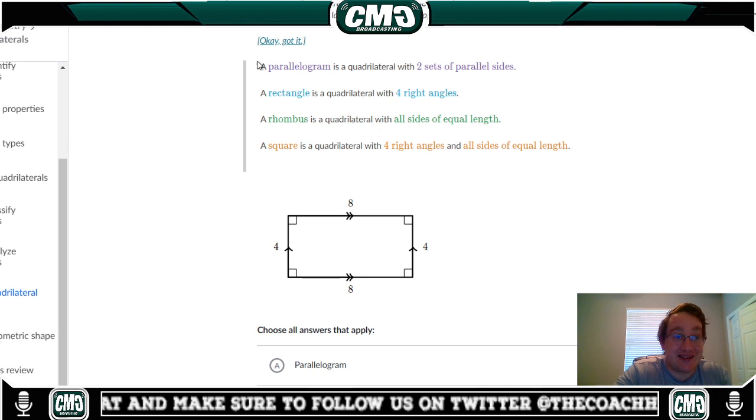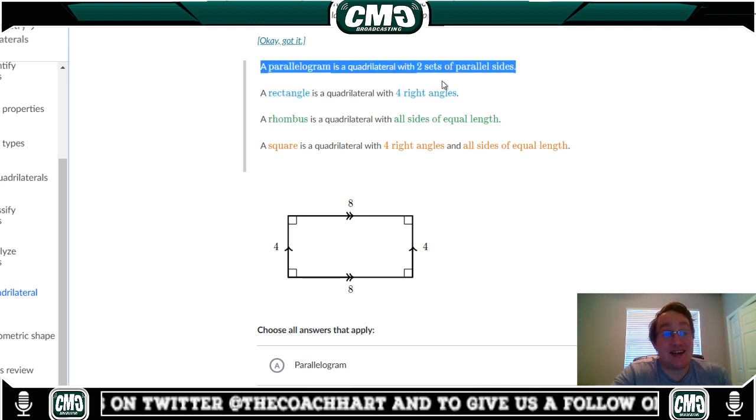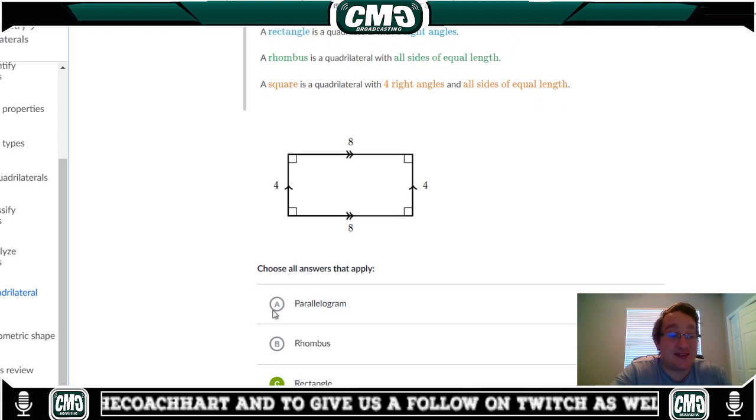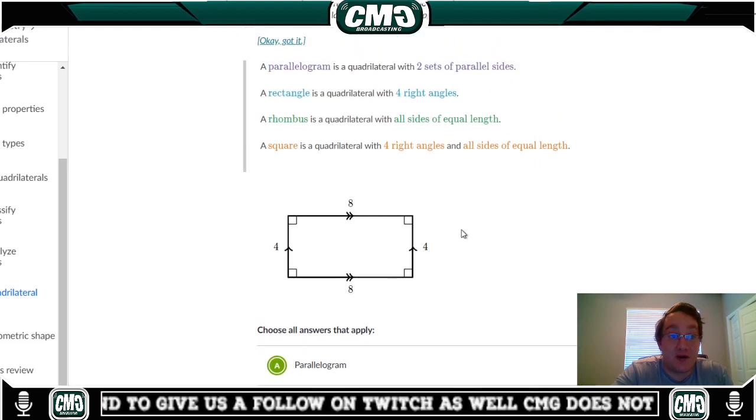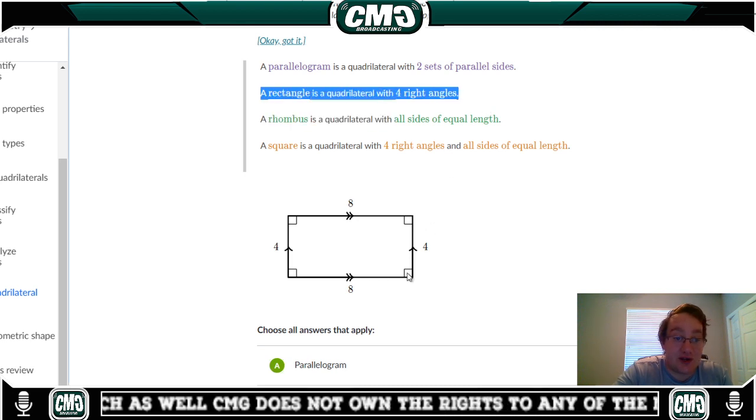In other words, the parallelogram has 2 sets of parallel sides. This does have 2 sets of parallel sides, so it would also be a parallelogram. The rectangle has the 4 right angles. Well, we see our 4 right angles here, so we've got that. That's why we've clicked rectangle.